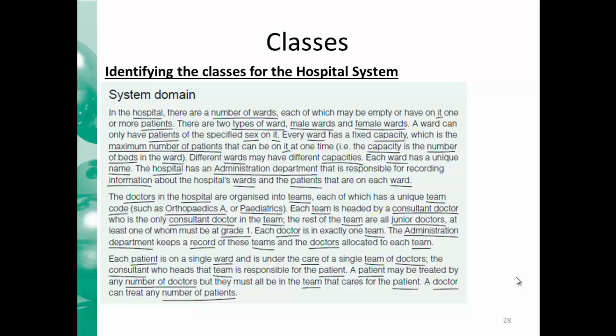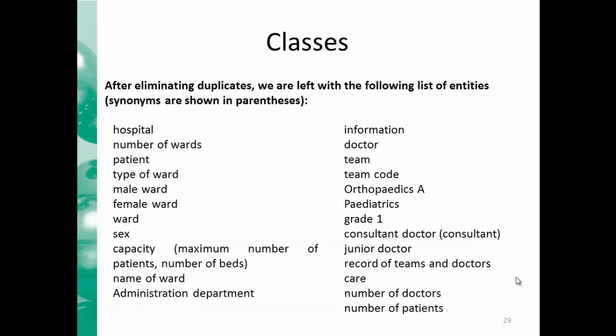We are going through the same process again with a bigger system domain and trying to identify the classes in the hospital system. As we have done with the DVD library system, we have the list of all the candidate classes in this system, and we need to apply the rejection guidelines to reject the irrelevant classes and keep only the relevant ones.